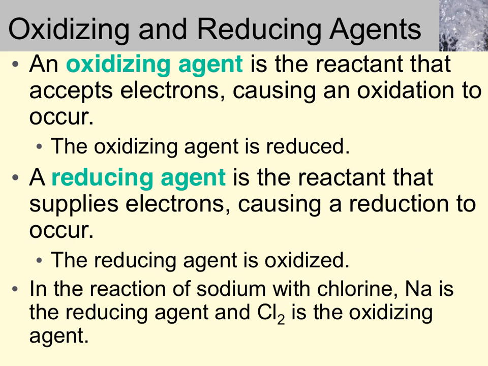So now here's a play with words that tends to confuse people. An oxidizing agent, now this changes the whole thing. An oxidizing agent is something that causes an oxidation. An oxidizing agent does not get oxidized itself.